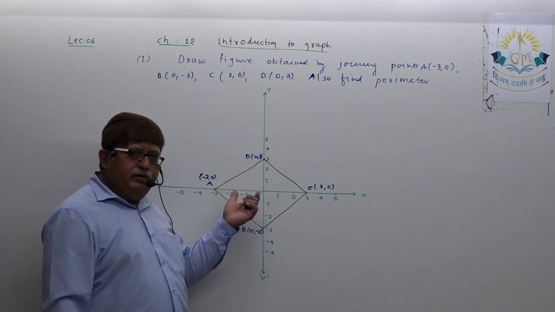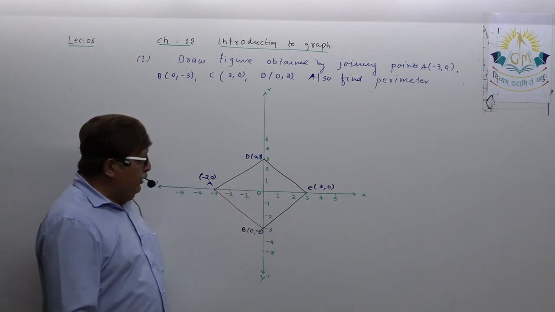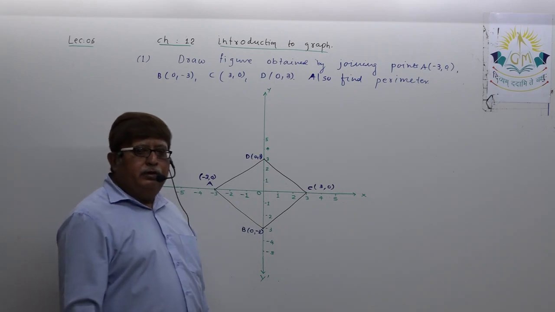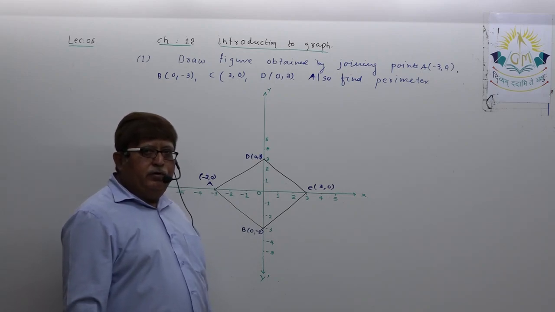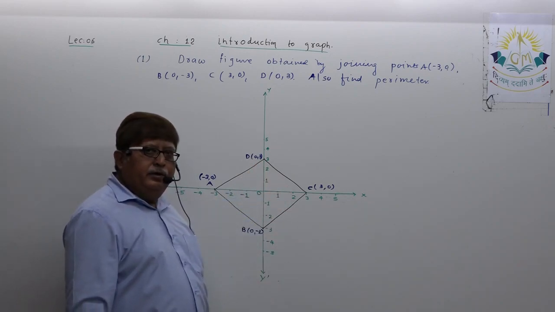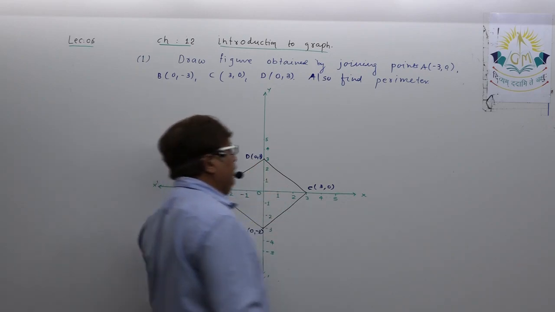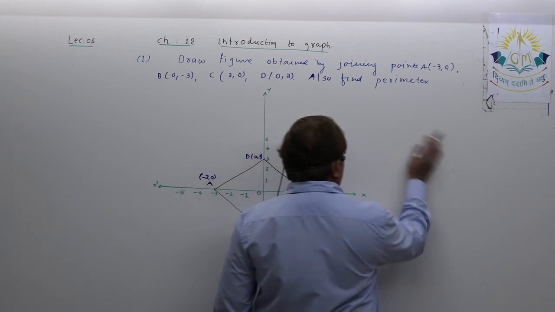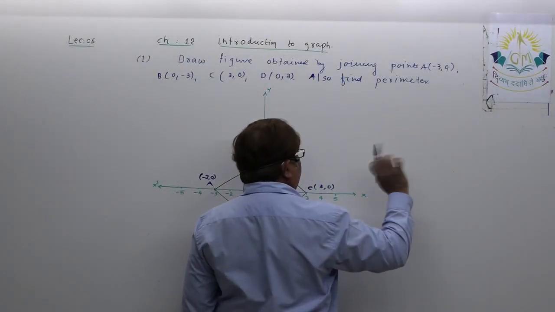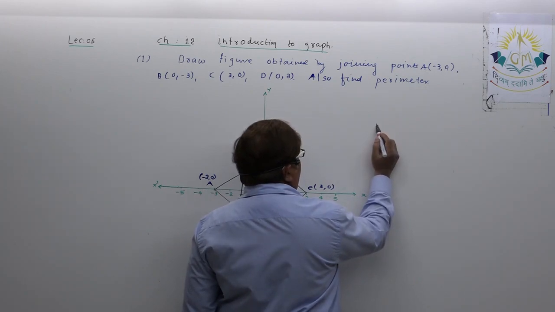All sides are equal, and because all sides are equal, it can be a square or a rhombus, but all angles are not 90 degrees, so you can say the type of the figure is a rhombus. What is your answer? Your first answer is the figure.